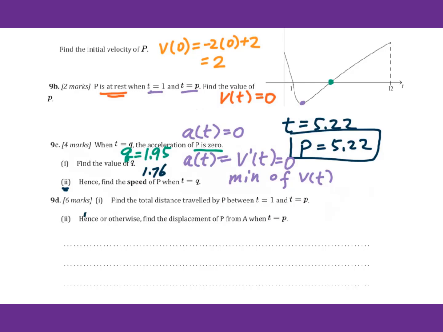Find the total distance traveled by P between t equals 1 and t equals p. From 1 to this p. So for the first one, the distance equals the definite integral from 1 to 5.22 of the absolute value of the velocity function.